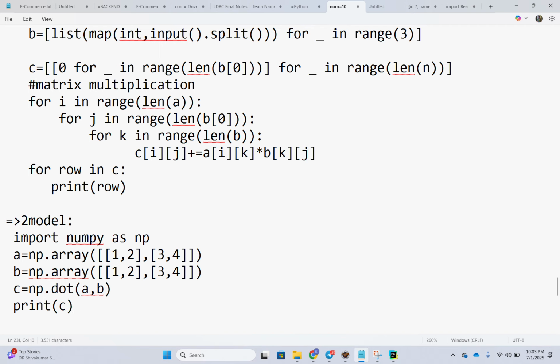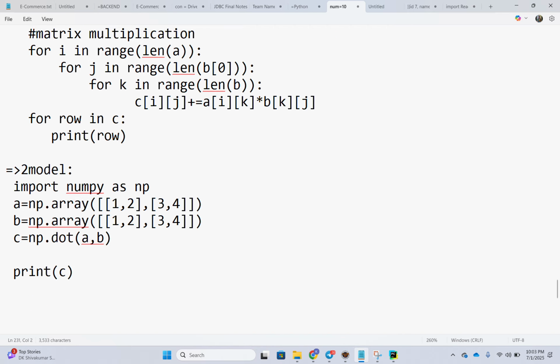Completed. Matrix multiplication is completed. One more method is there: c is equal to a at the rate b. Now matrix multiplication is also completed using NumPy, these are the predefined libraries.